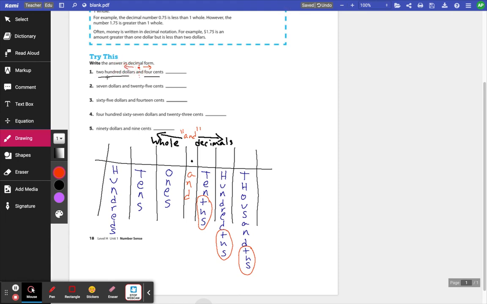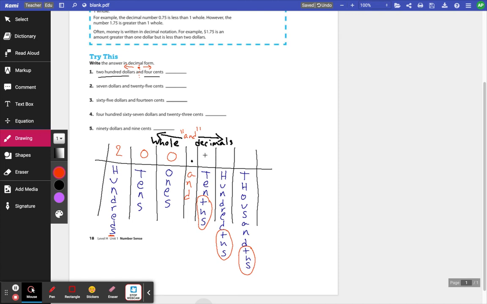So 200, 100. Well, where's our 100 spot? It's right over here. So $200, and so we know there's nothing in the tens or the ones, otherwise they would have told us. It's just $200.04.